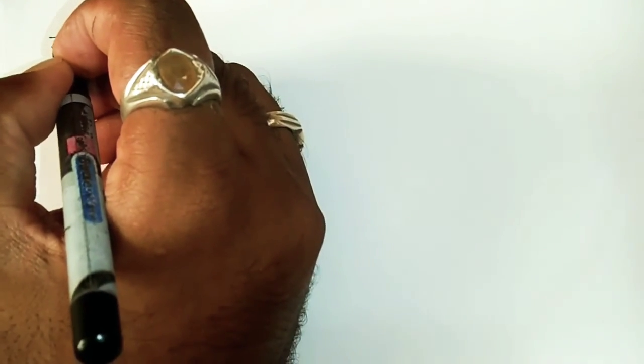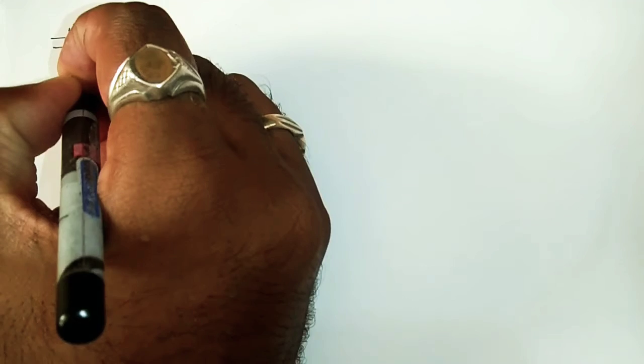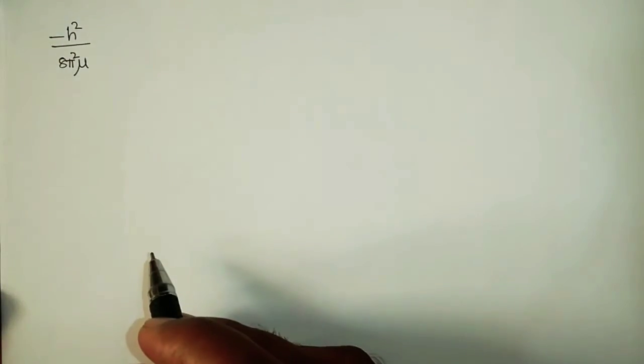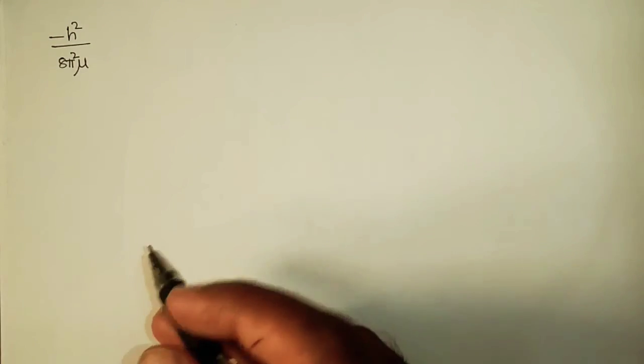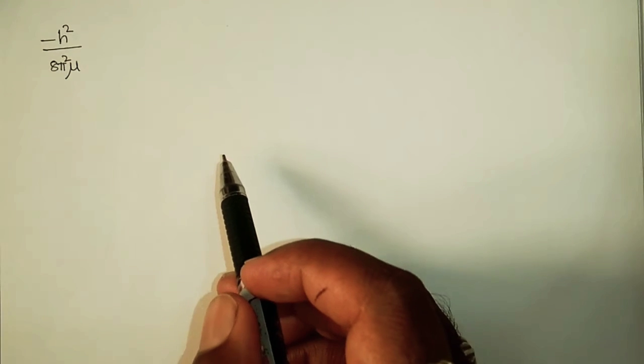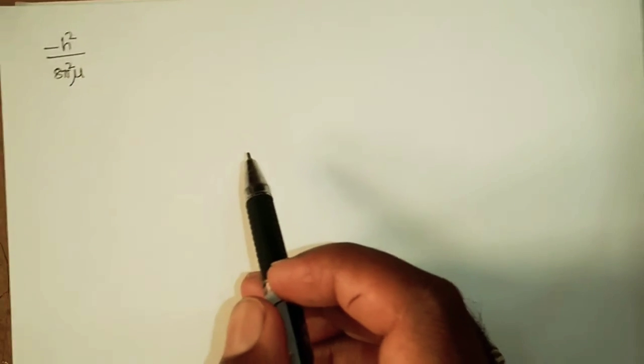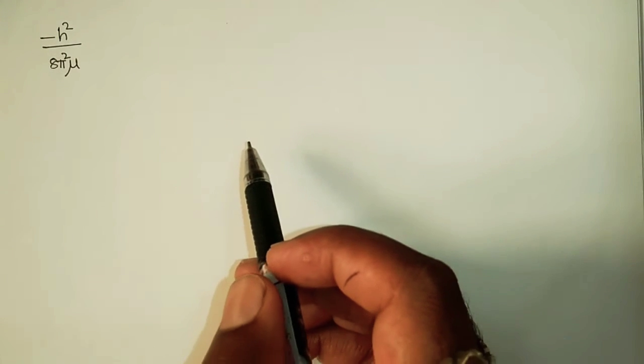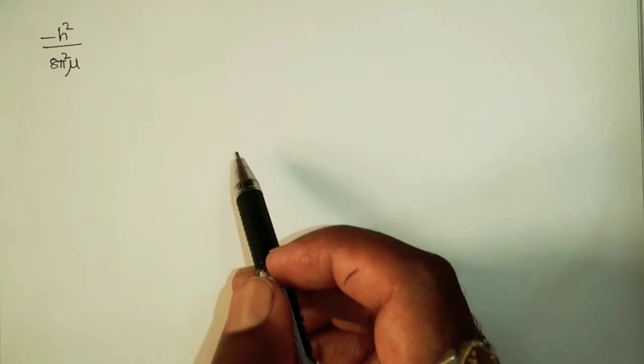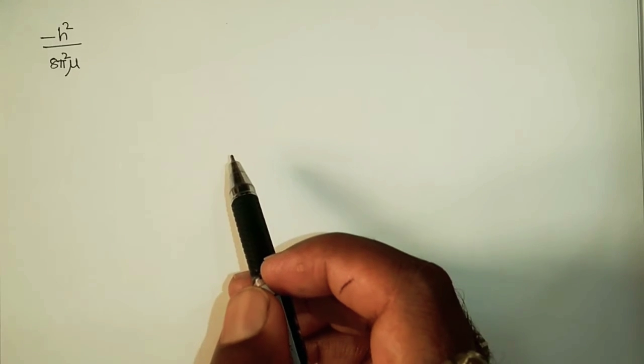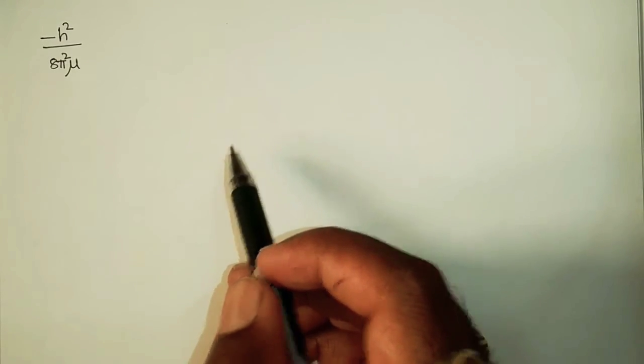There we got m, but here we shall introduce mu, which is reduced mass. If you consider a single particle, we can go with only single mass m, but when you consider an atom, we'll have both proton as well as electron. So we are supposed to take the mass of electron as well as proton into consideration. Therefore we should go with reduced mass.